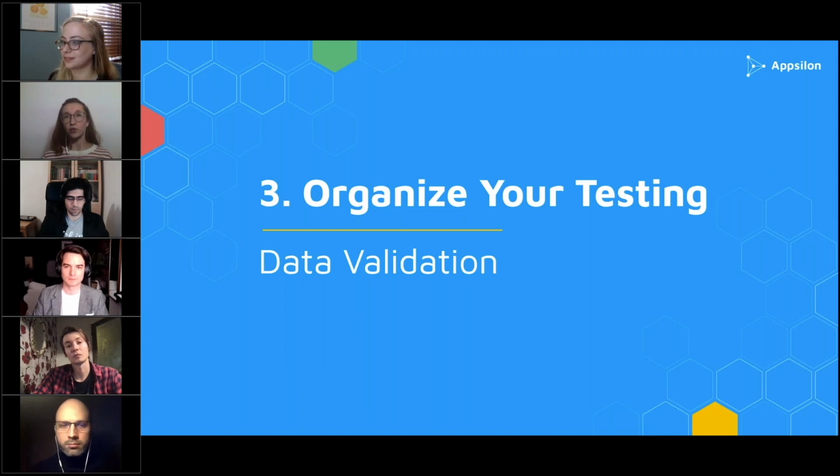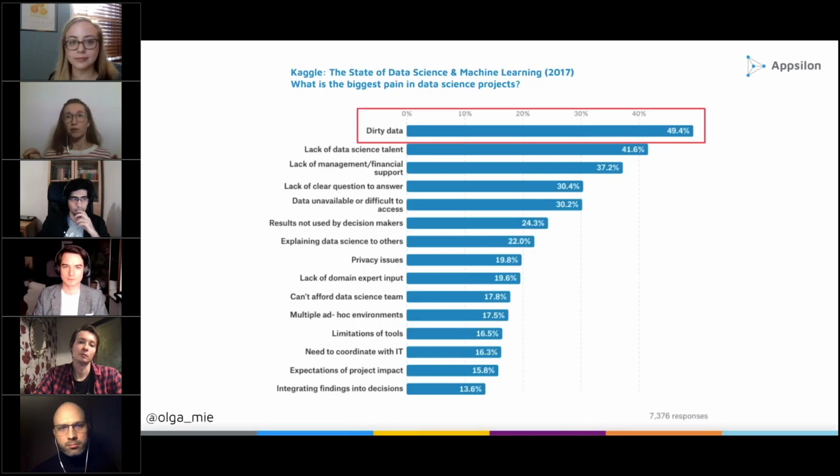Now it's time for data validation, and this is the functionality that you should be doing on the same level as the unit tests. As we all know from our experience, data can be very messy, and actually Kaggle users reported that dirty data is their biggest pain.